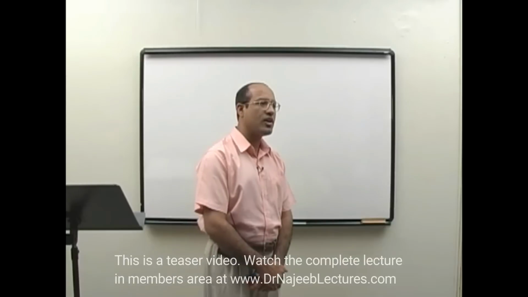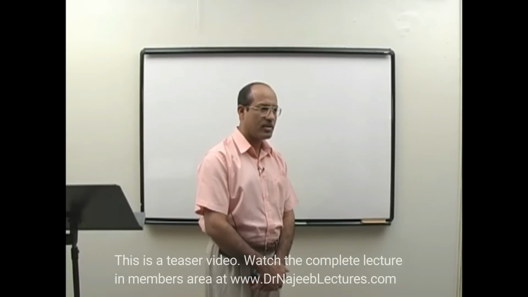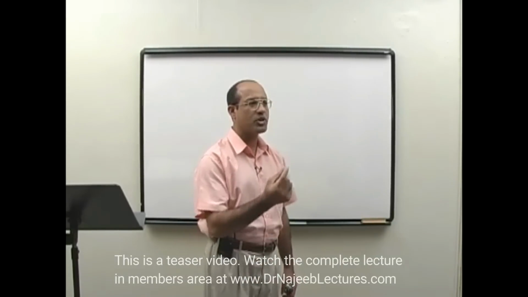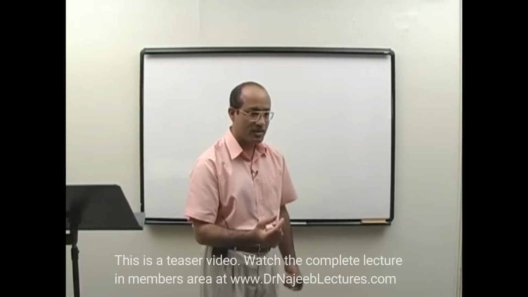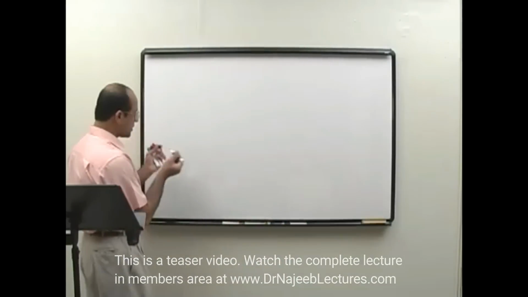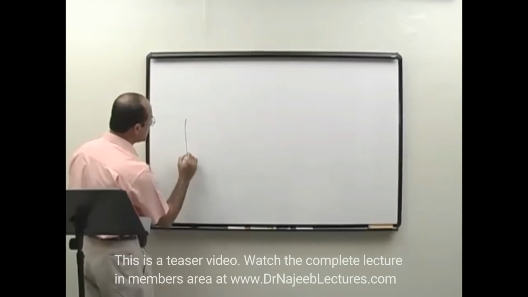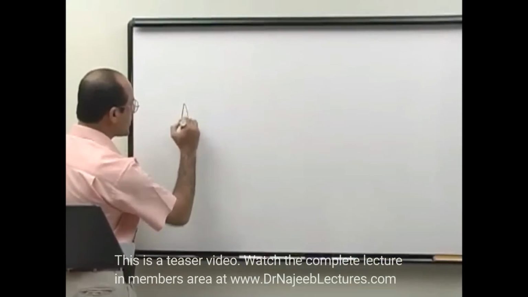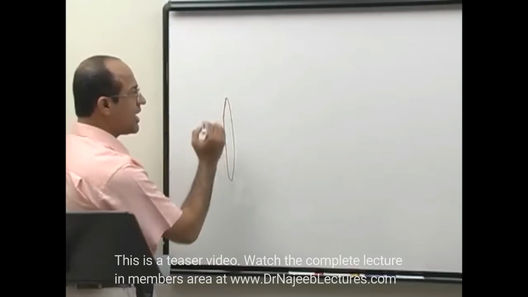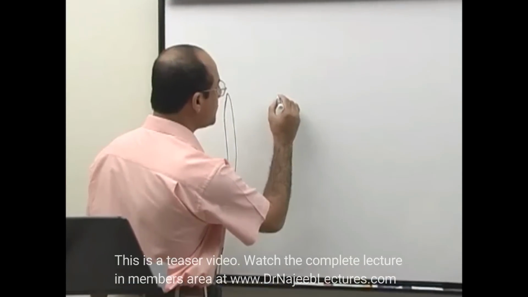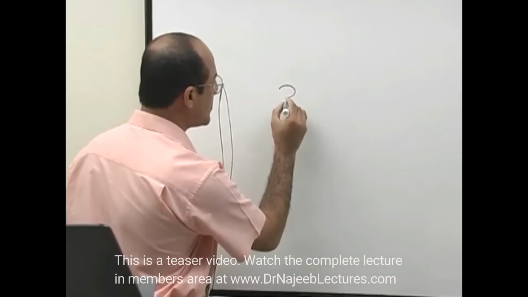When the central nervous system is developing, first of all there is a formation of a neural tube. Is that right? So let's put it here, that here is the neural tube. Then the cranial end develops three swellings.